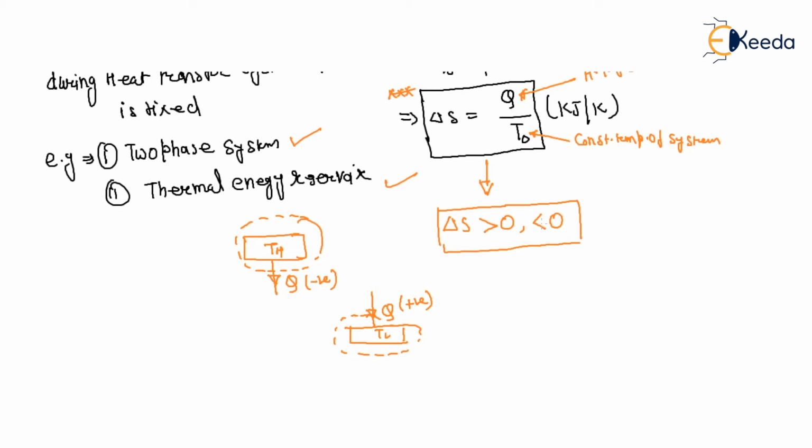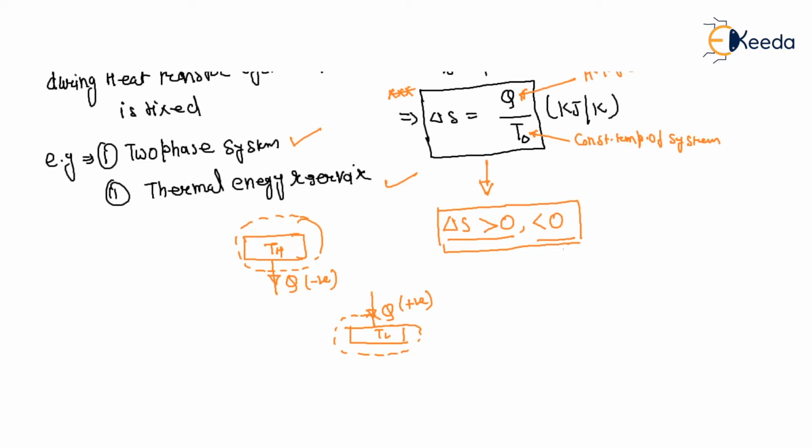That means heat transfer to the system increases the entropy, right? Whereas heat transfer from the system decreases its entropy, right? In fact, losing heat is the only way the entropy of a system can decrease.